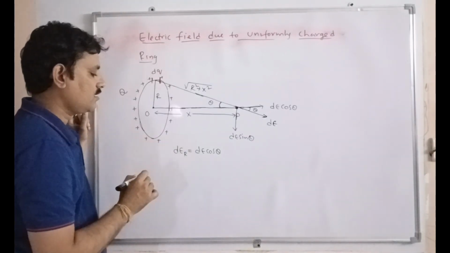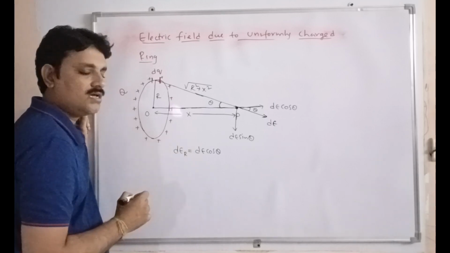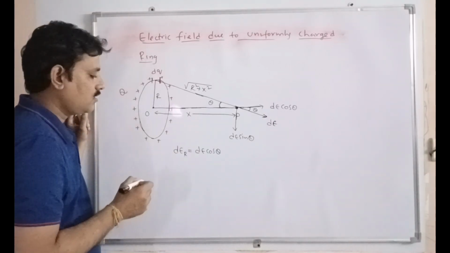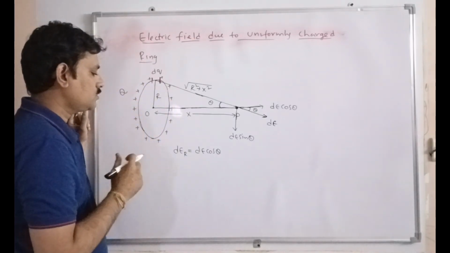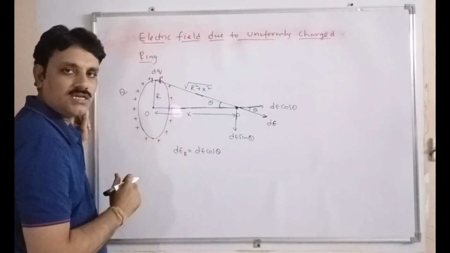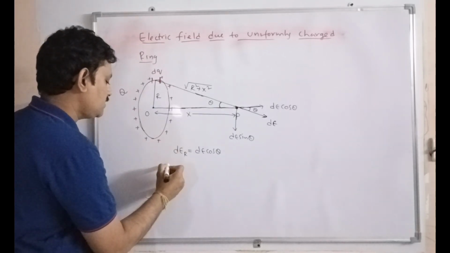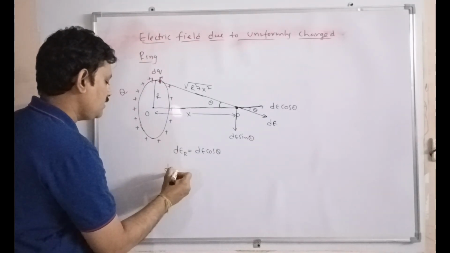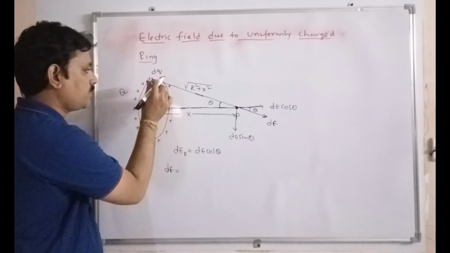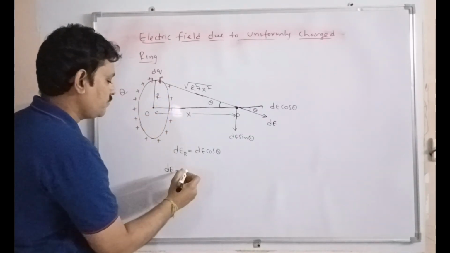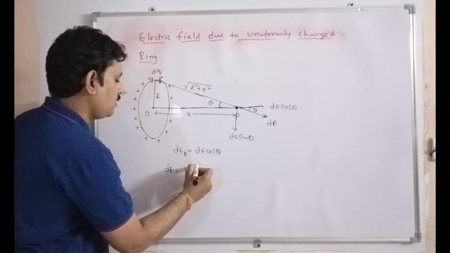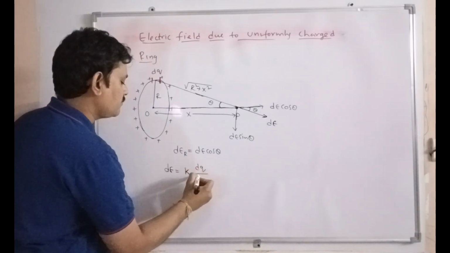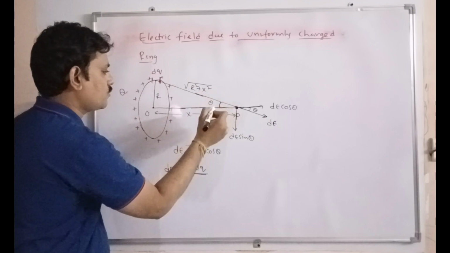If you integrate dE_R, then we get the total electric field due to the charged ring. So dE_R is equal to dE cos theta. Here, what is dE? dE is the electric field due to the elemental charge. The electric field relation we know: k into dq by distance square.